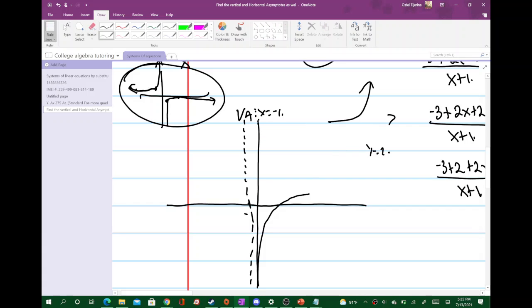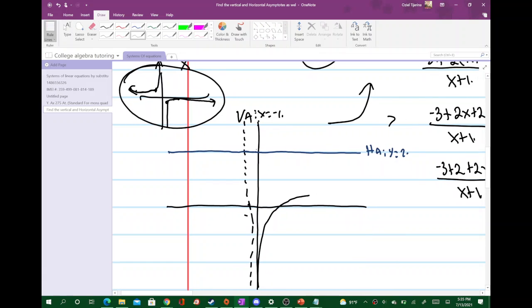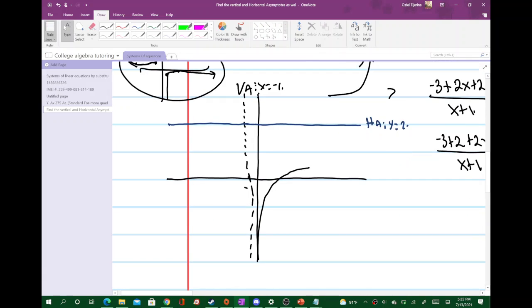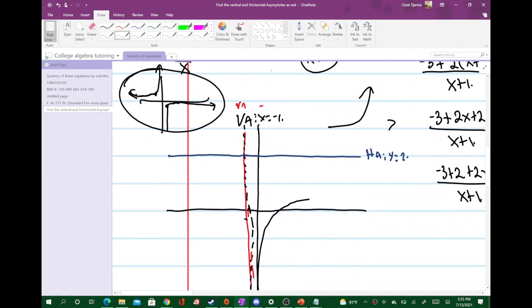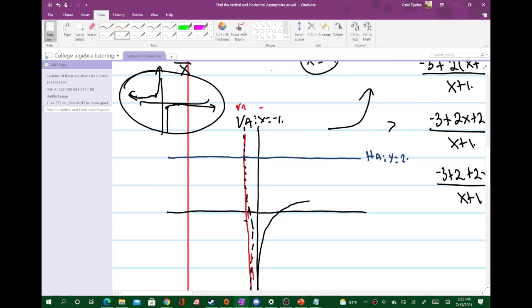So this will be the horizontal asymptote at y equals 2, and then we put the vertical asymptote right here at x equals -1, which is exactly what we put before.